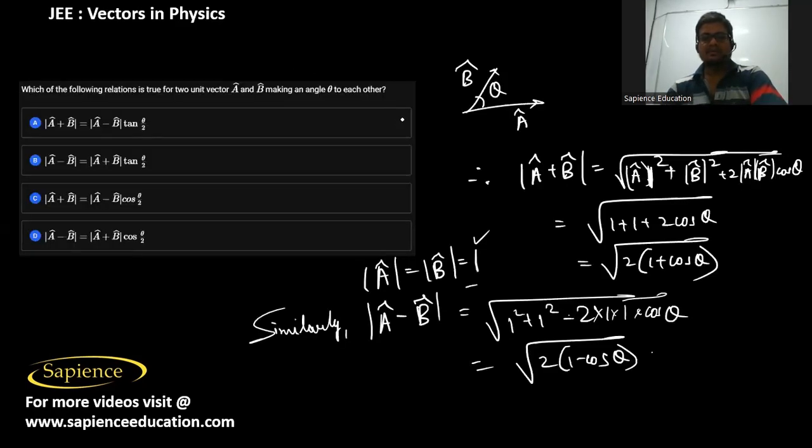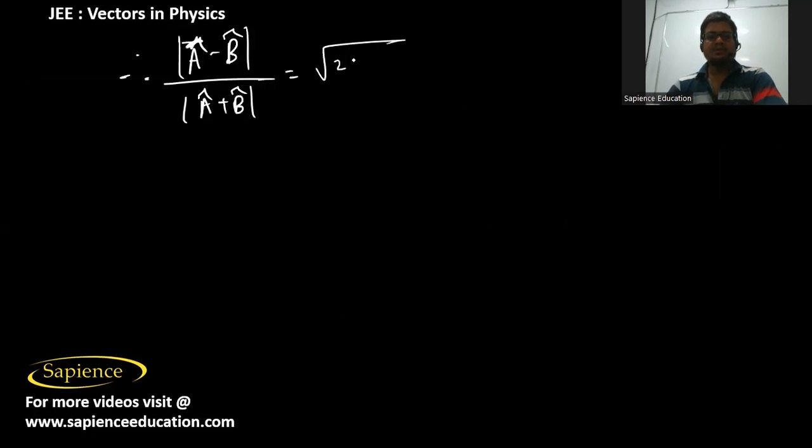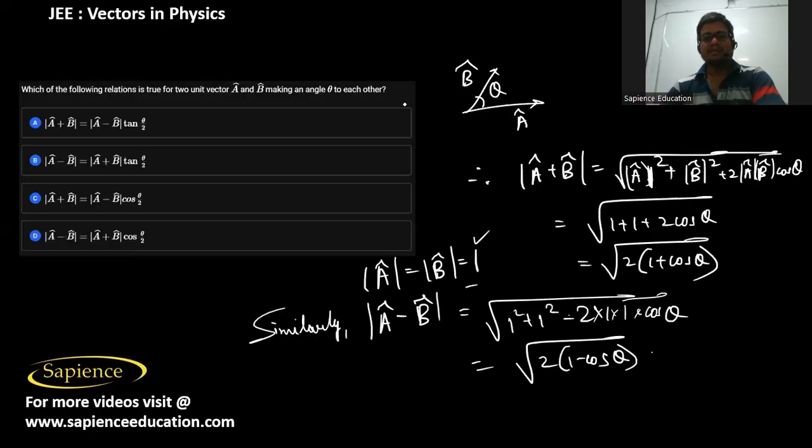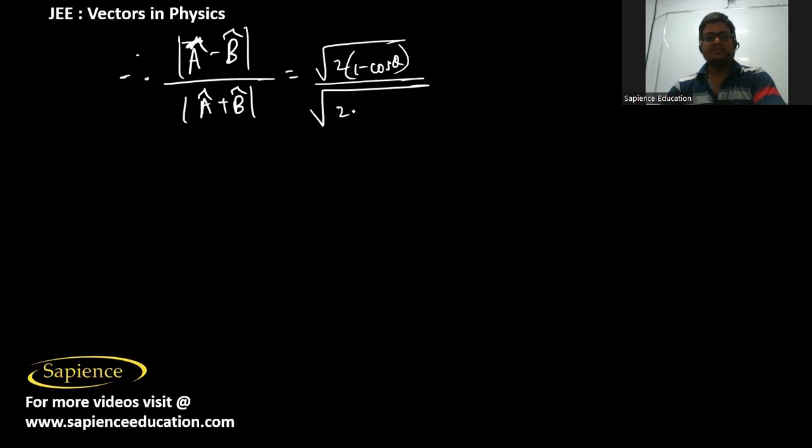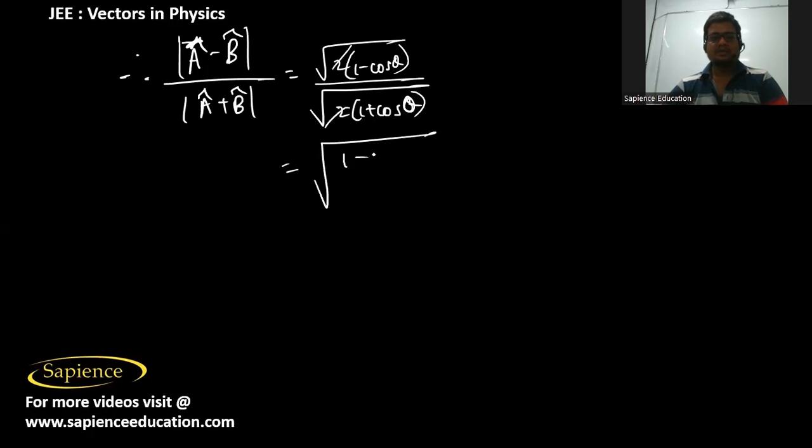Now we can see the magnitude of A cap minus B cap divided by the magnitude of A cap plus B cap will be equal to root over 2 times (1 minus cos theta), divided by the square root of 2 times (1 plus cos theta). So the 2 and 2 will cancel out, and we will have the square root of (1 minus cos theta) by (1 plus cos theta).